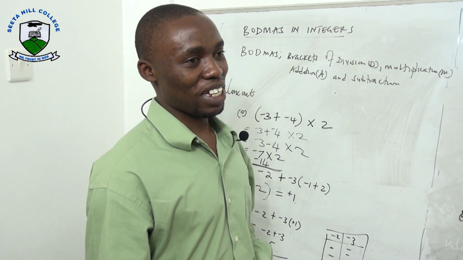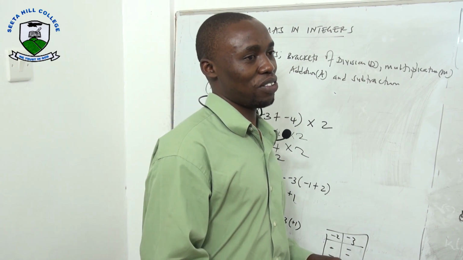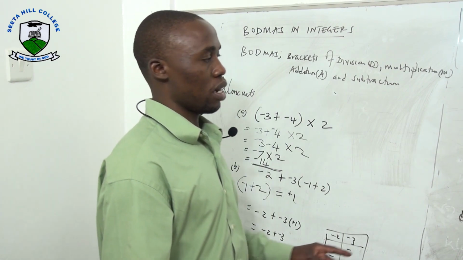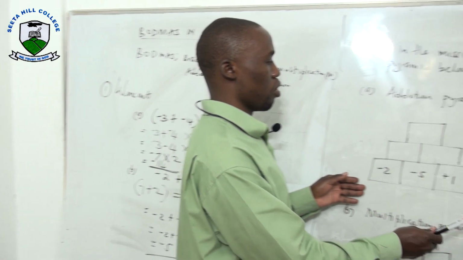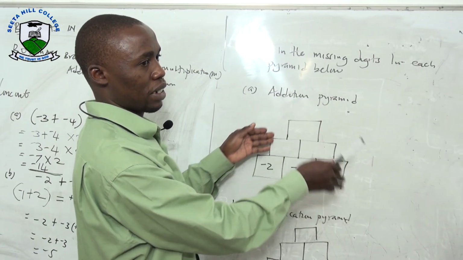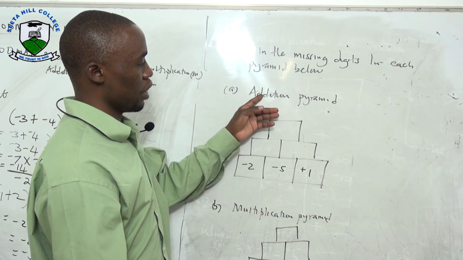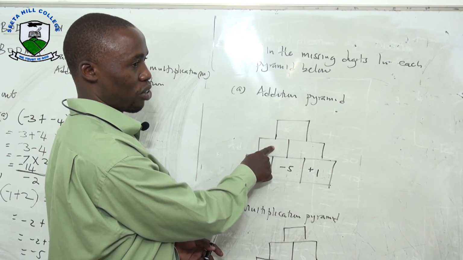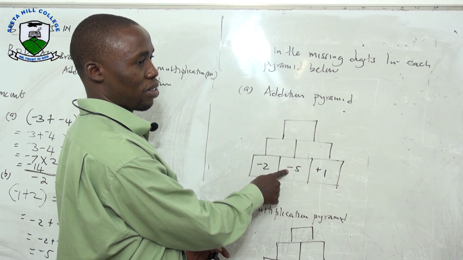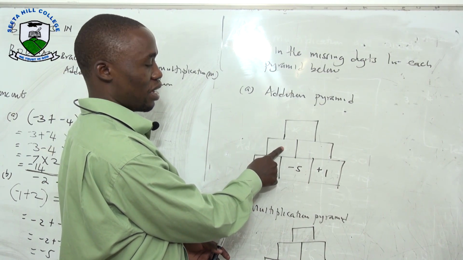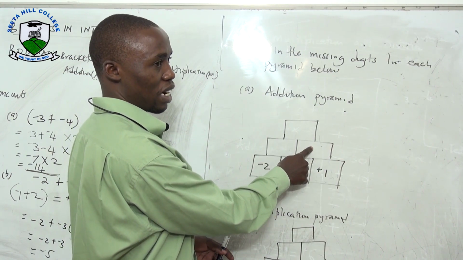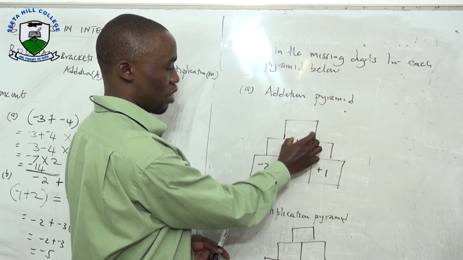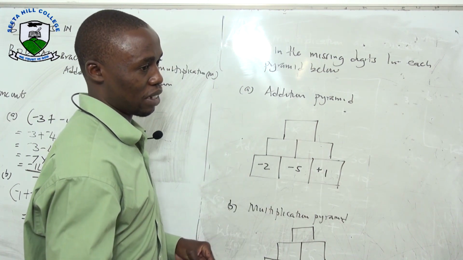Let me guide you on the pyramid and you answer, not so? Now, a pyramid is just operating while going up. This is an addition, that means add. This box is got by adding this. You fill here, then this one you fill. Then here is got by adding what is neighboring that.